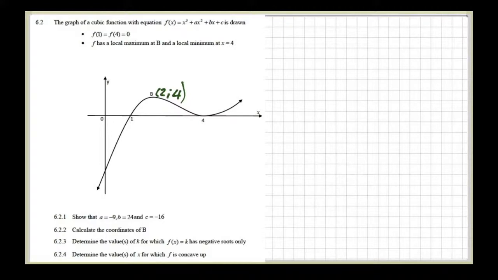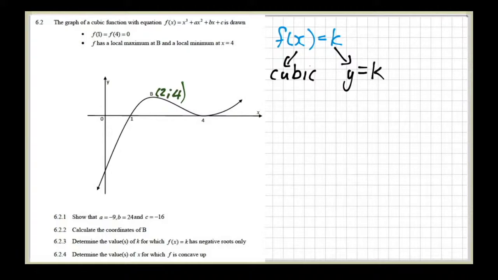Either you can look about movement up or down, but that for me is really complicated. What I like to do, personally speaking, when they ask me f of x equal to k, I want to look at this as two separate functions. In other words, a cubic function, f of x, as well as then y equal to k.